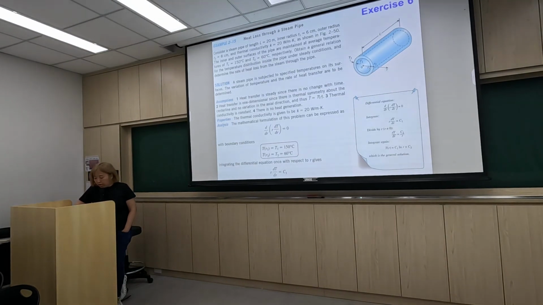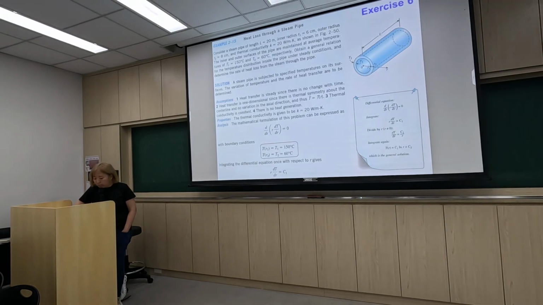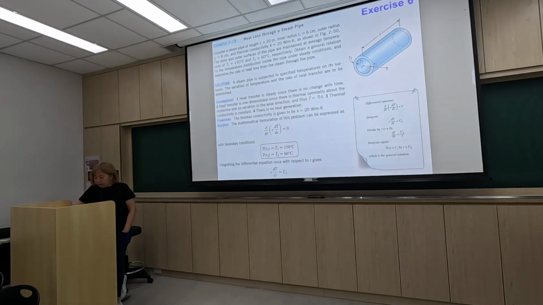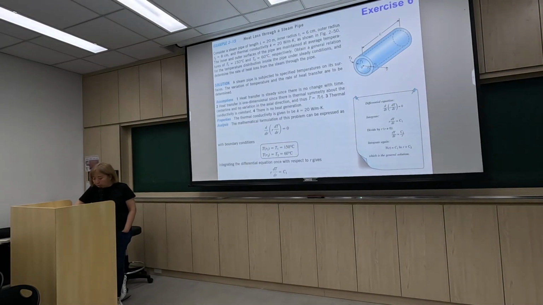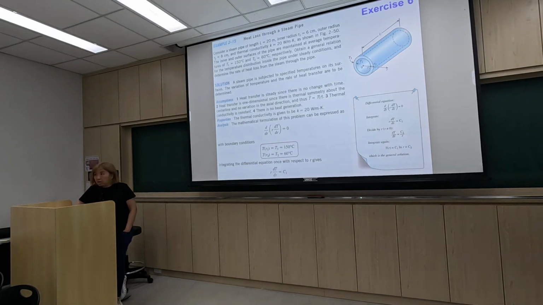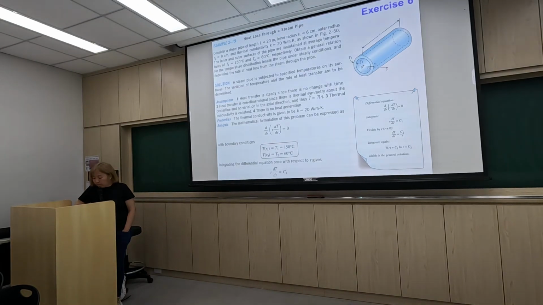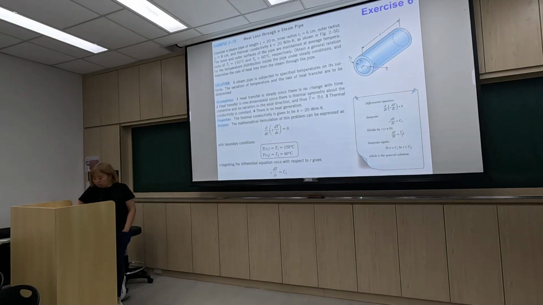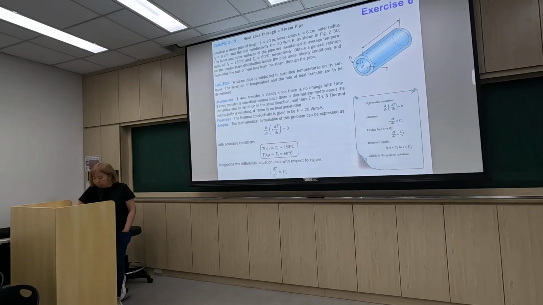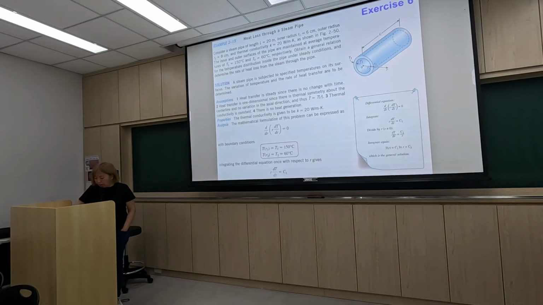The inner and outer surfaces of the pipe maintain average temperatures T1 and T2. Then obtain the general relation of the temperature distribution, T as a function of r, the temperature profile inside the pipe under steady conditions. Then determine the rate of heat loss of the steam through the pipe.